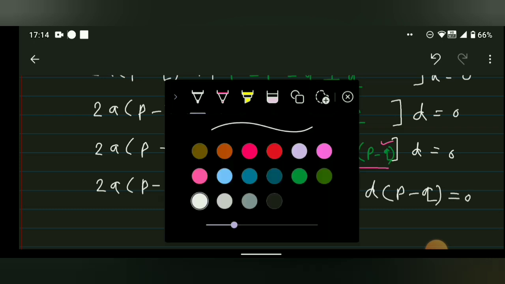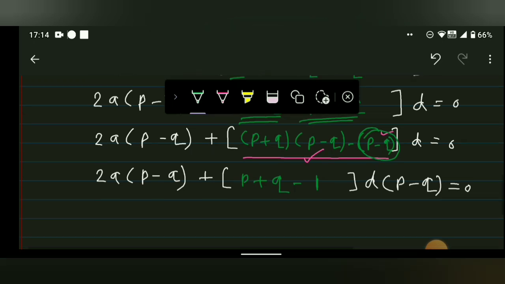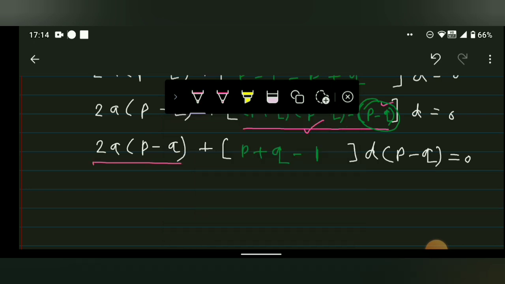So there is only left inside the bracket p plus q minus 1, the complete bracket is outside. Now if I observe these two terms, the first one and the other separated by the addition symbol, we can observe that we can take this bracket p minus q outside, completely.